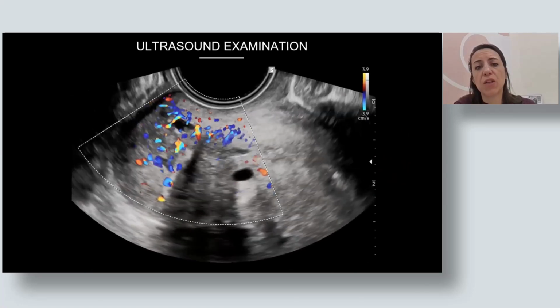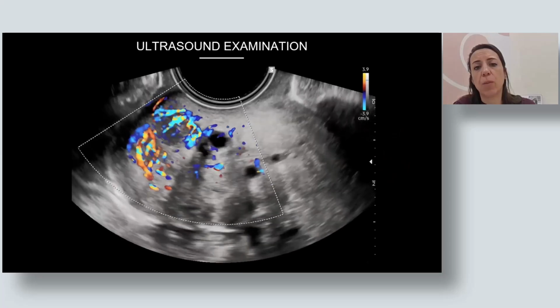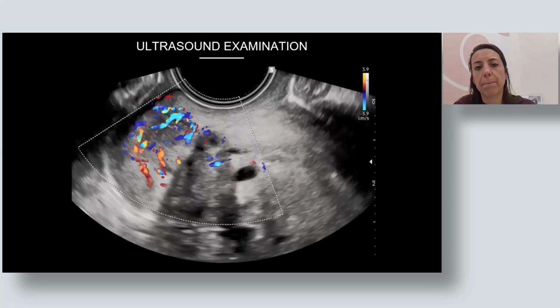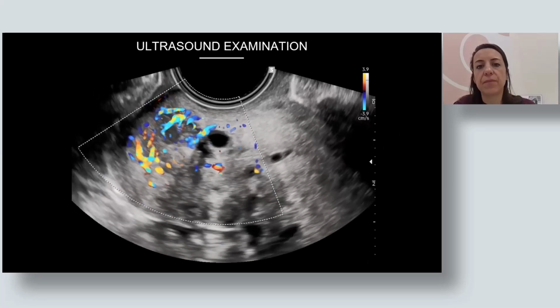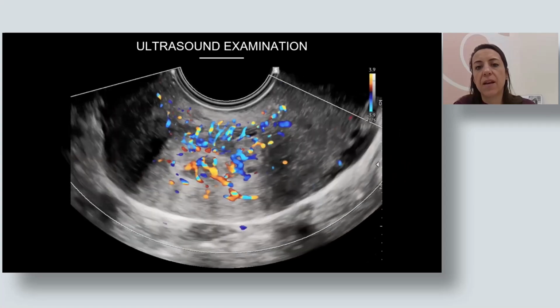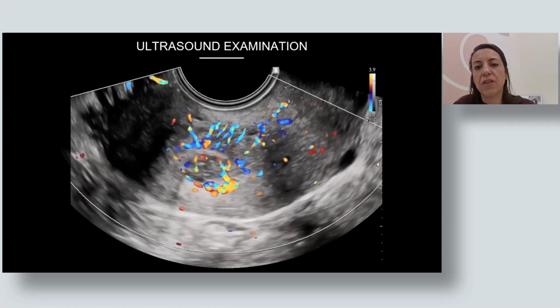It was also richly vascularized at the color Doppler examination. This is the lesion in the transversal section, and it was richly vascularized.